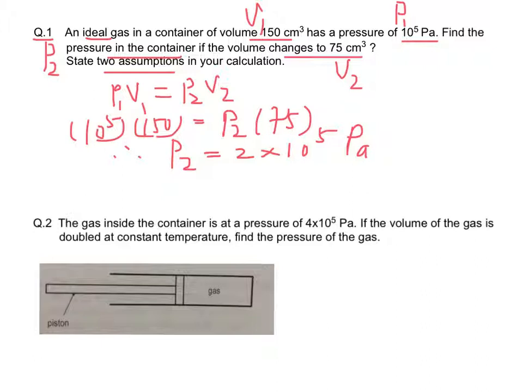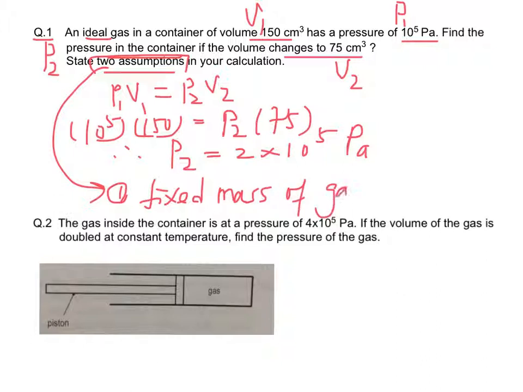Very easy. The assumptions are: first, assume fixed mass of gas or no leakage of gas. Second, assume the temperature remains constant.